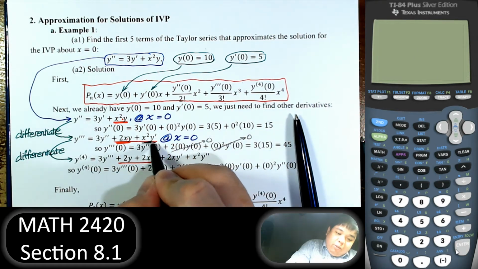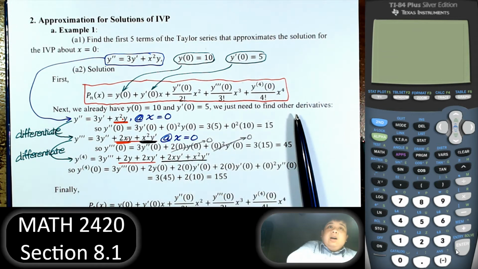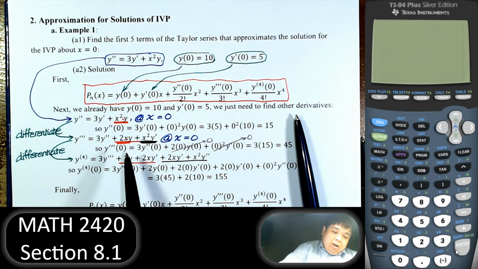And x squared y prime, using the product rule, will give us these 2 terms. Right? The derivative of 2x is 2, and then y. The derivative of x squared, 2x, and then y prime. Right? And then the derivative of 2x and derivative of y. And then the derivative of x squared, 2x, and then y prime, and then x squared, derivative of y.